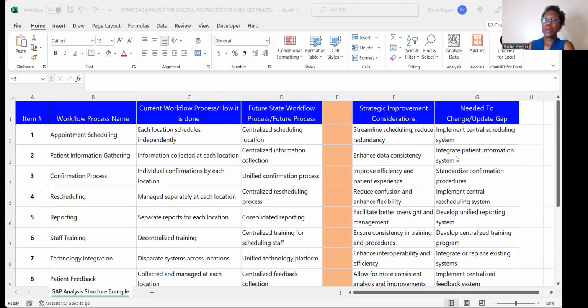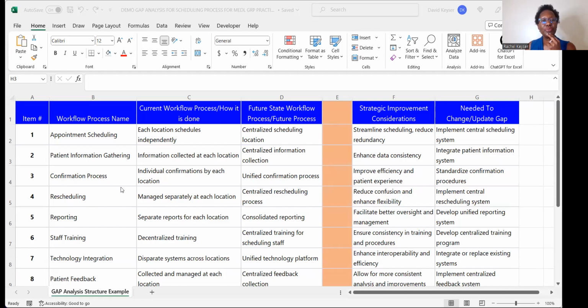So the need for that is to integrate the patient information systems better. Currently, many provider groups have actually consolidated that, but sometimes they haven't. However, again, this is hypothetical, so it may not apply to every provider group out there.